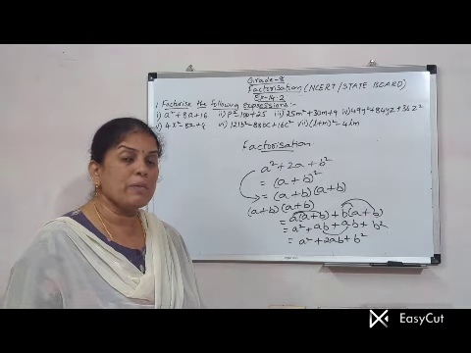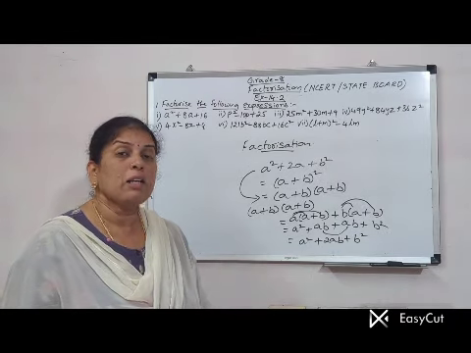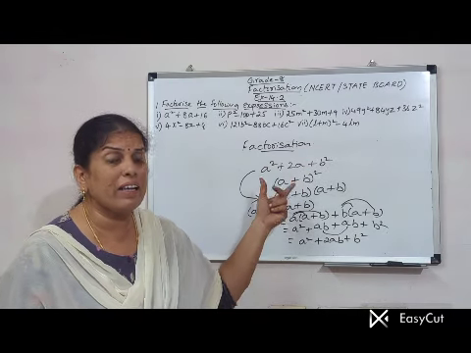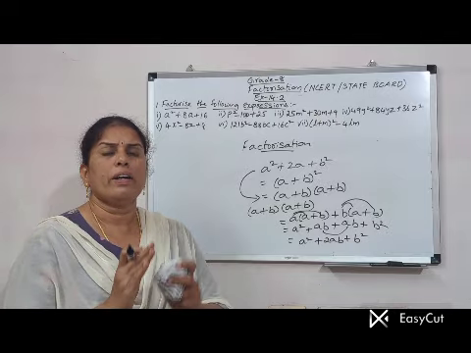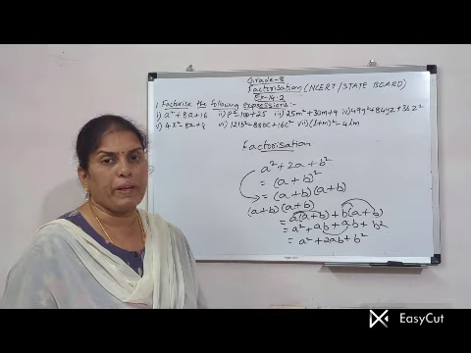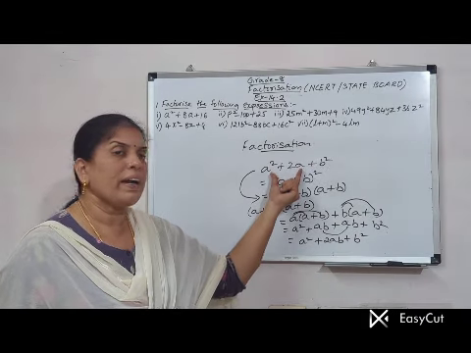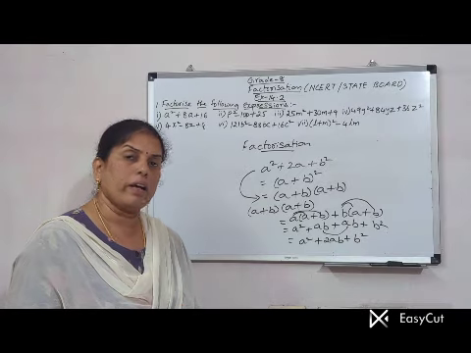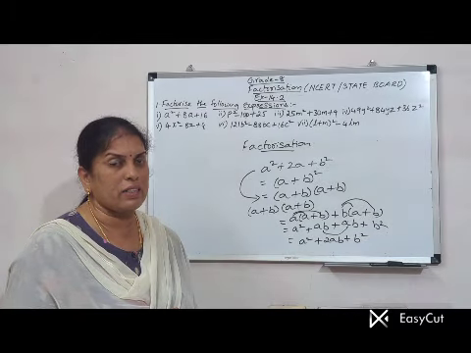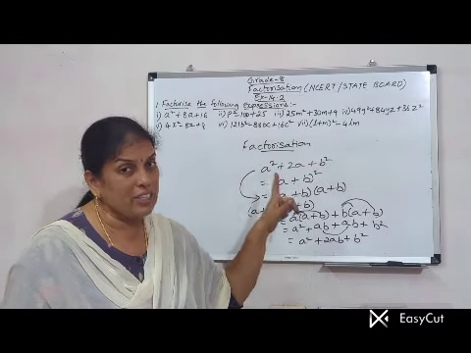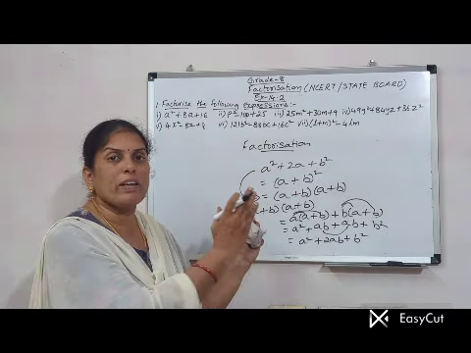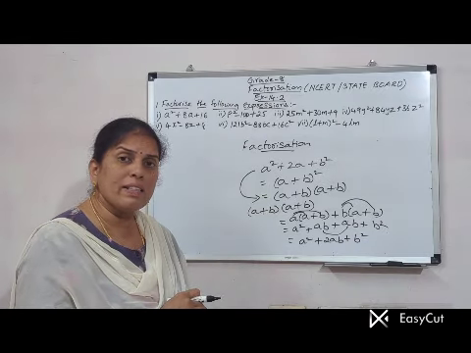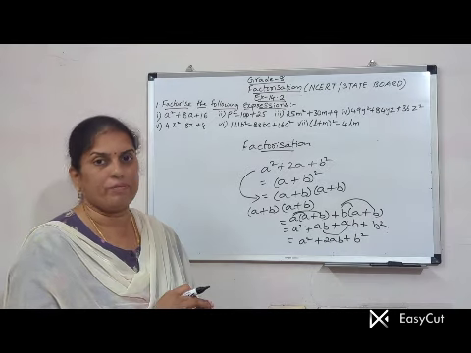That means algebraic factorization means splitting the given polynomial or dividing the given polynomial into different terms or components. Dividing the given polynomial or breaking the polynomial or an algebraic expression into factors is called factorization. They will give an algebraic expression. You must break it. Breaking in the sense, you must find the factors.